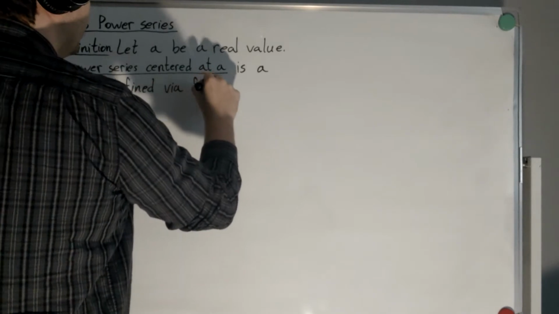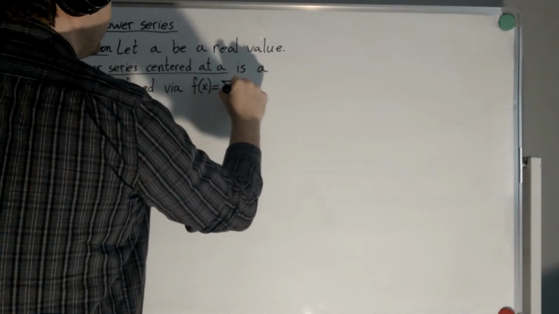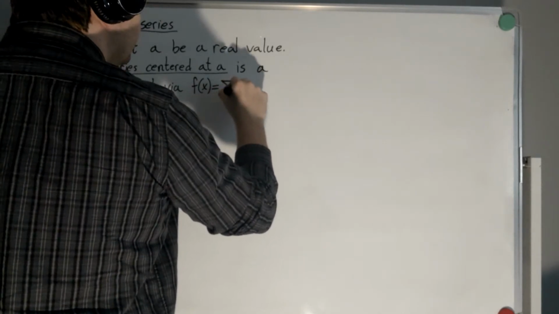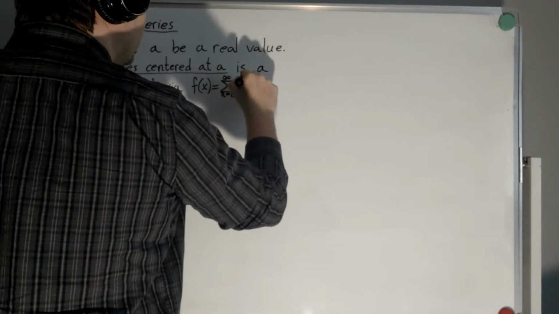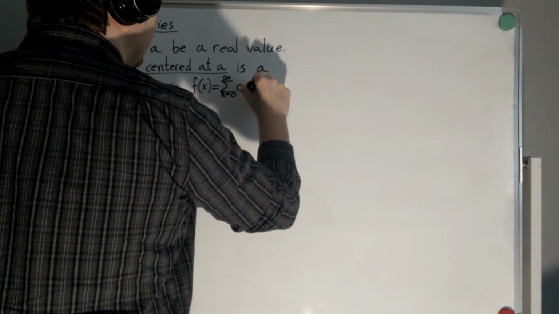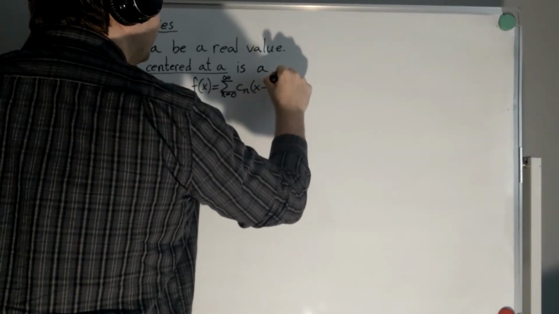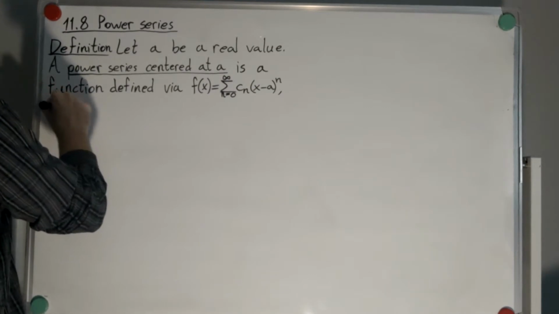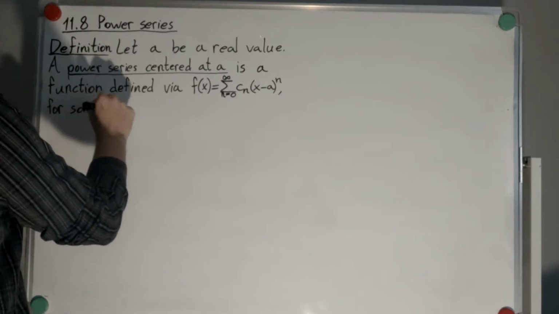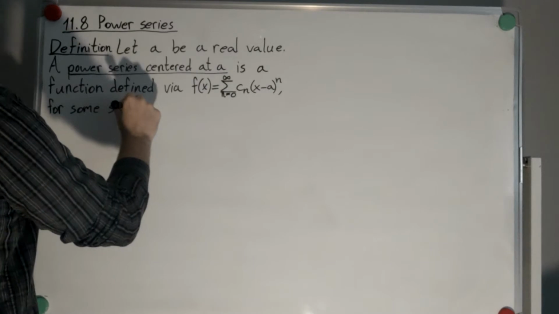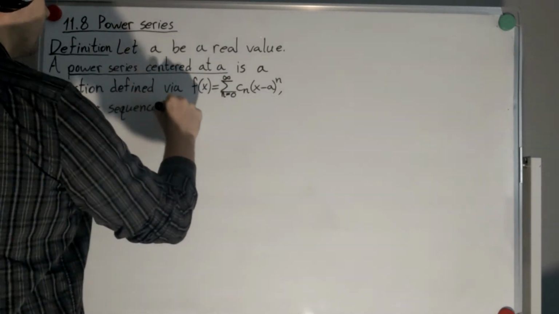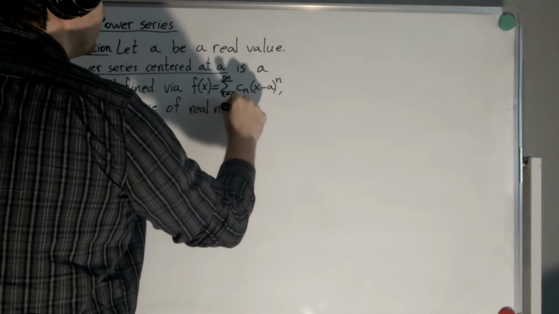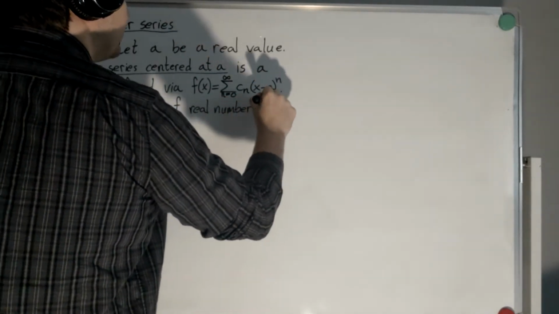F of x equals the sum from n equals, let's say, 0 to infinity of Cn times (x minus a) to the n, for some sequence of real numbers Cn.